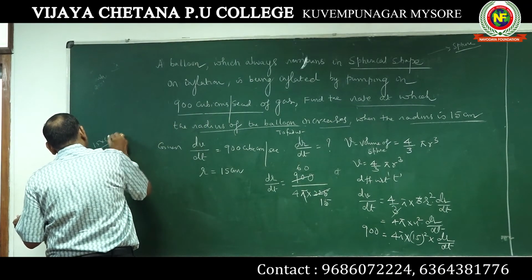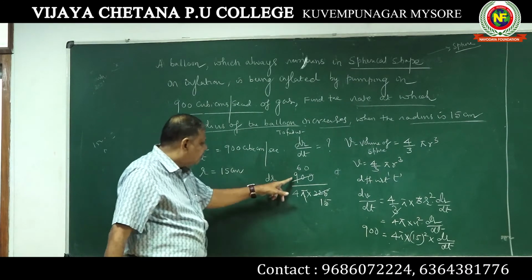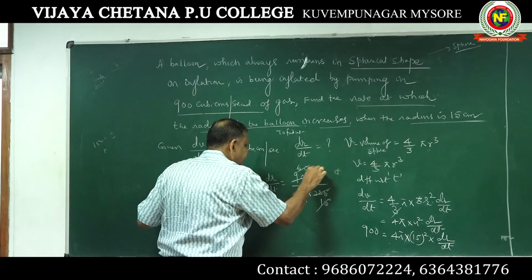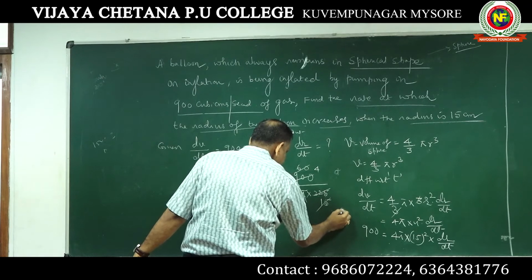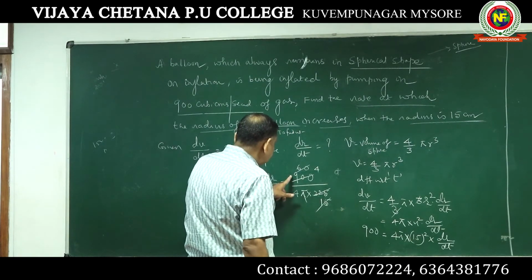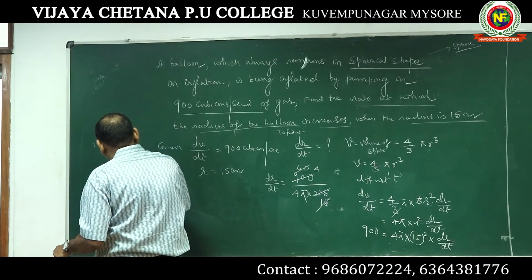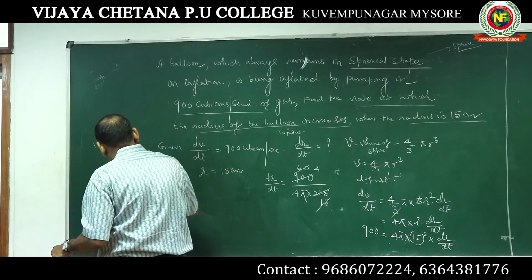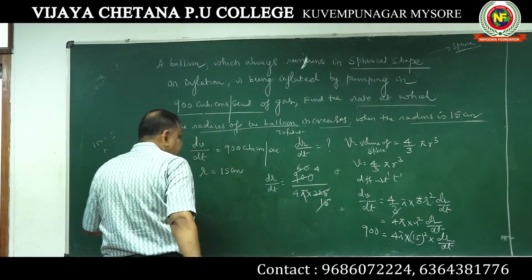Correct? 15 60s that goes, and now it is 4. Correct? 225 into 4 times, how much? Yes, 4 times it goes.